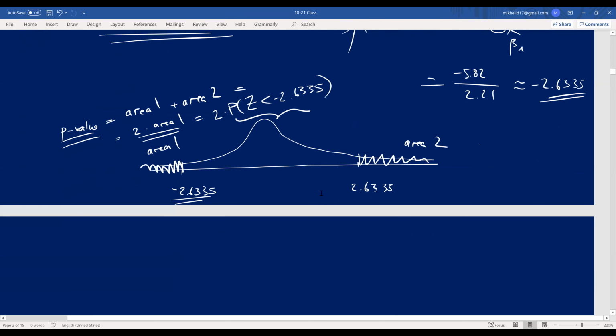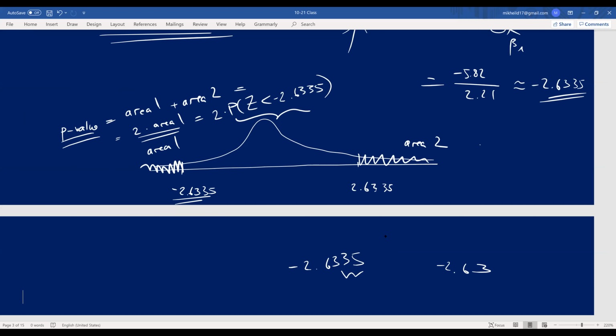Okay, so you can do this in Excel. We have already done it, but you can also see this in the table. Z here is minus 2.6335, but in that table you don't have that many decimals, so you have to round it to two decimals, and then you have 2.63.